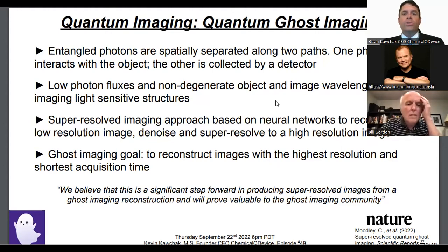So they use ghost imaging. The main limitation with ghost imaging, I covered this kind of in the medical imaging slide, is that the reconstruction is really slow. And the goal is to get the highest resolution and the shortest acquisition time. It's used for low photon fluxes and non-degenerate object image wavelengths. You'll see a lot of kind of dark images that it can pick up pretty well.